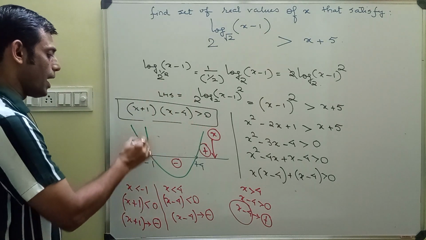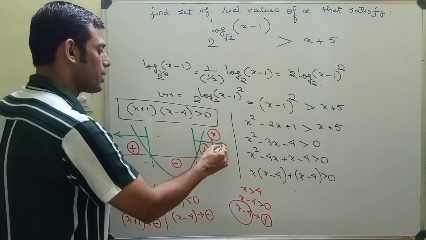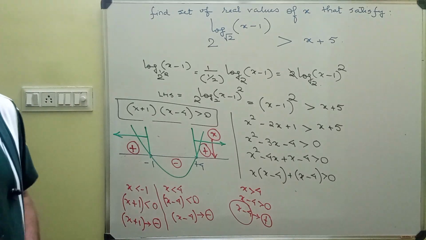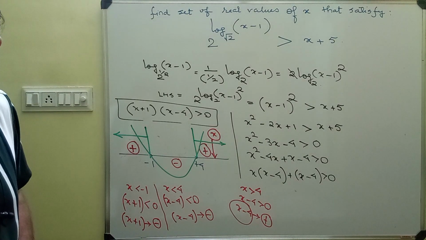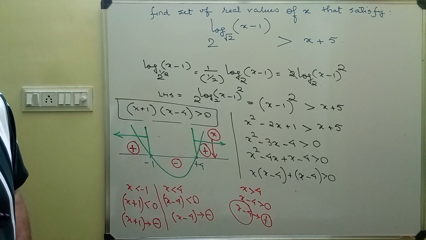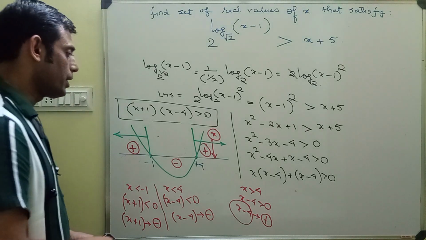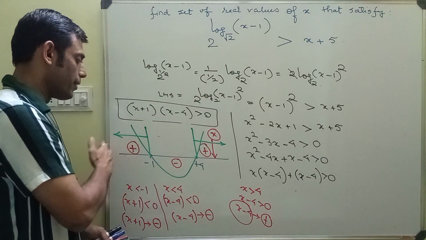That means the solution lies to the left of minus 1 and to the right of 4. Your solution lies to the right of 4 or to the left of minus 1.